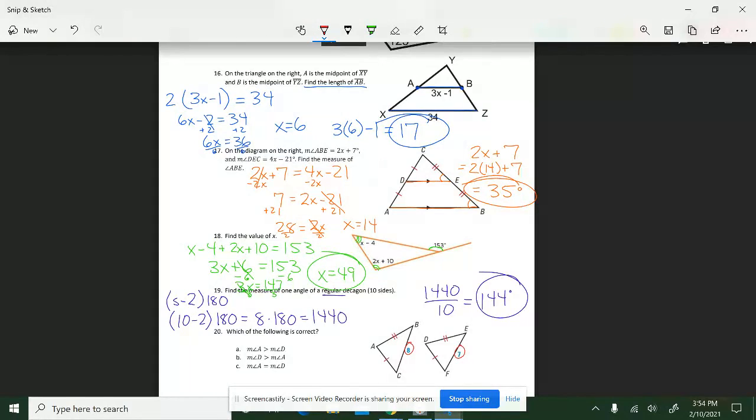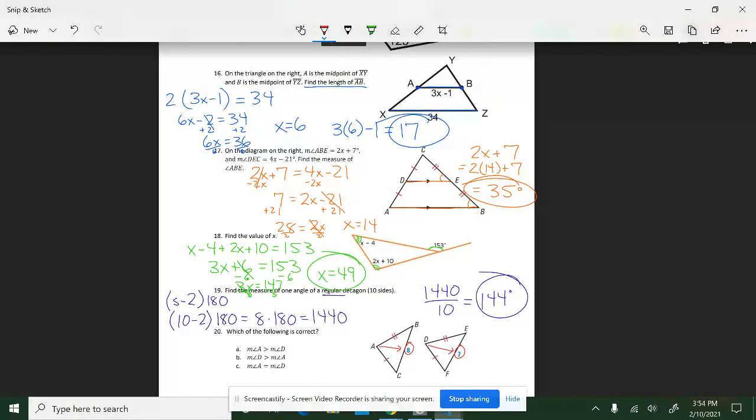What this problem wants us to do is compare angle A with angle D and say which one's bigger, or are they the same? So what we want to do is look at the opposite sides. And the side opposite angle A is an 8. The side opposite angle D is a 7.